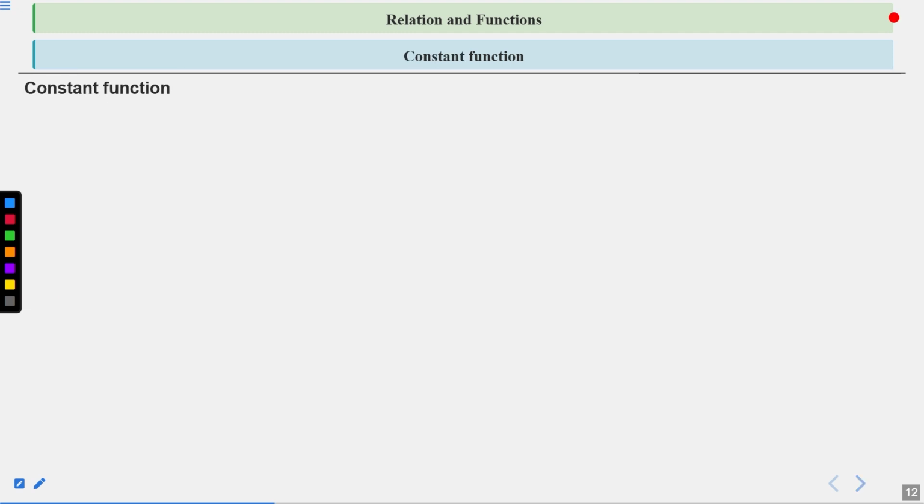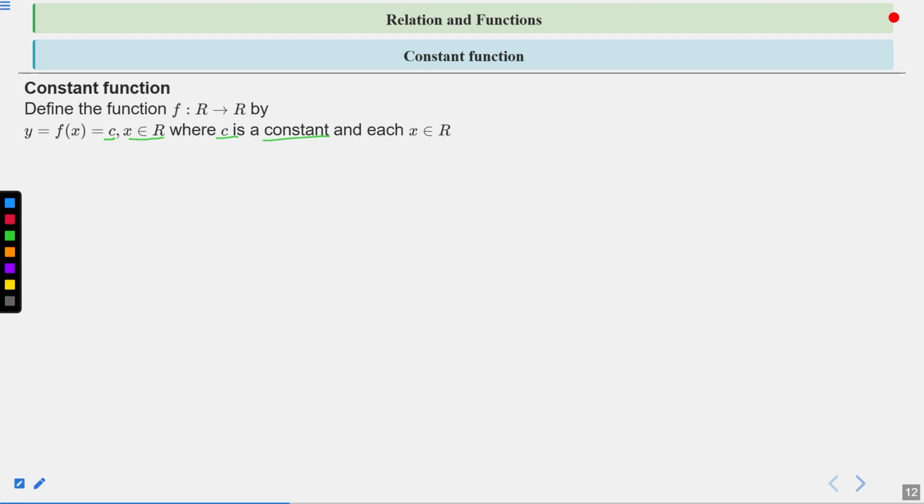Now for the constant function. Defining a function from R to R, y is equal to f(x) is equal to c, where x belongs to the reals and c is any constant. Simple. So this represents your domain set, and this represents your codomain set.